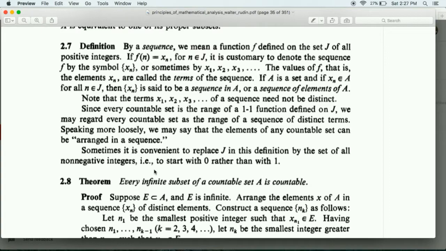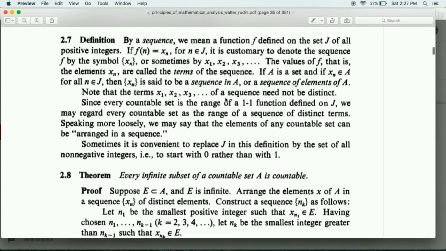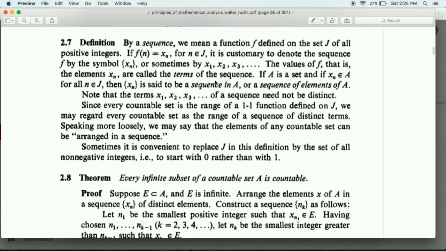And we also denote sequences by the images. So f of n can be written as xn, and a sequence can be denoted in curly braces as {xn}, or sometimes as x1, x2, and so on. And these xn's are called the terms of the sequence.